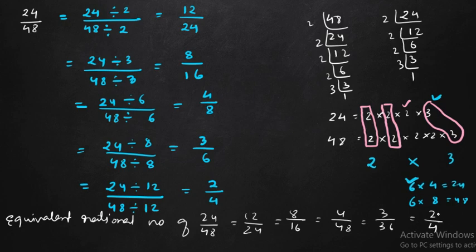So these are our equivalent rational numbers. So how can we find an equivalent rational number? If we divide the numerator and denominator by their common divisor. The common divisor may be 1 or more than 1. Fine.